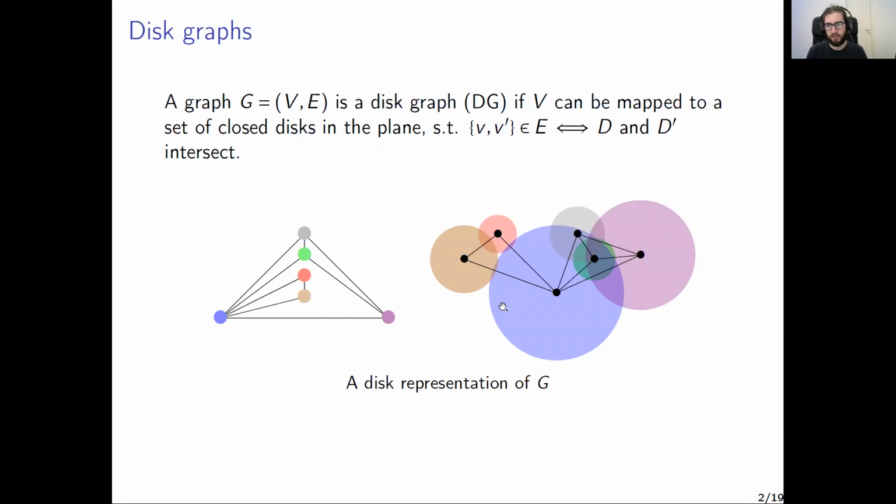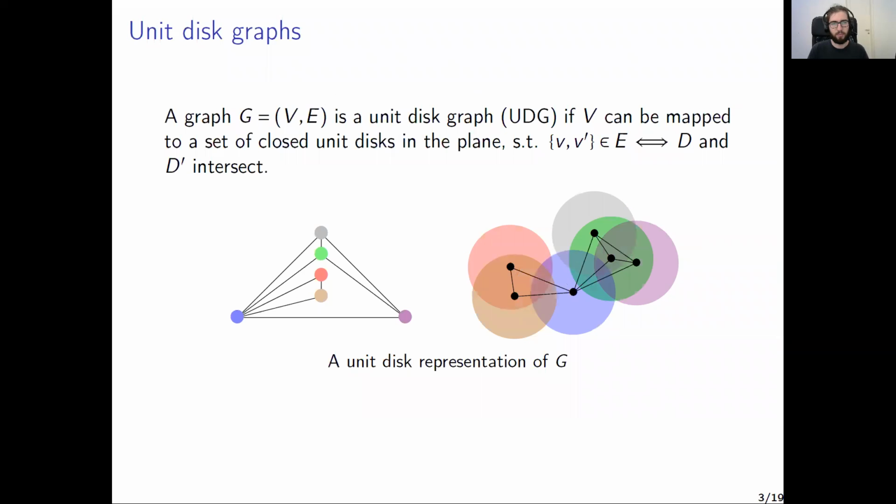You can see that indeed the blue and red disks intersect. On the contrary, the red and green vertices are not adjacent in the graph, and also the red and green disks do not intersect. So this is a valid disk representation of G.